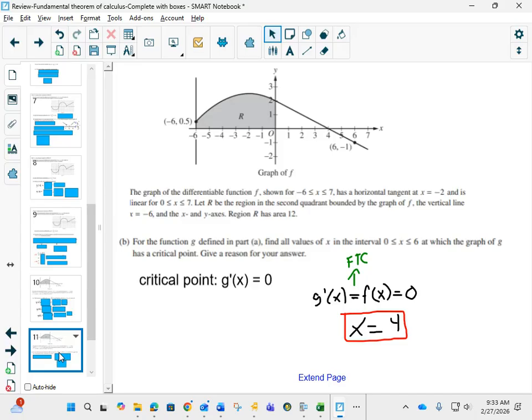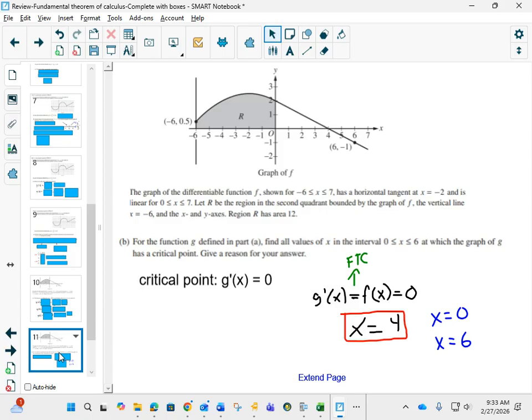I'm going to double-check because in my head it says that at the endpoints, because they're included, 0 and 6, no derivative would exist at those. So I'm going to also include the endpoints 0 and 6 as critical points, because technically the derivative doesn't exist at 0.